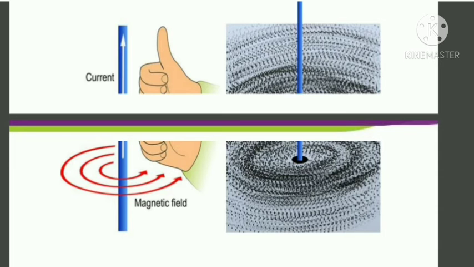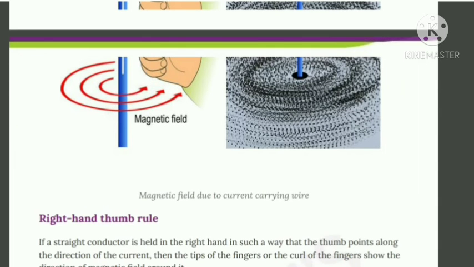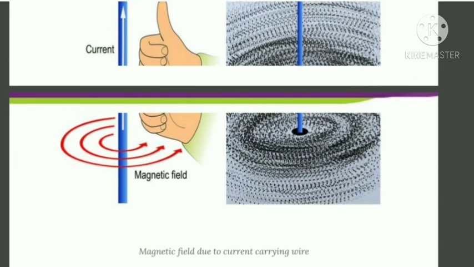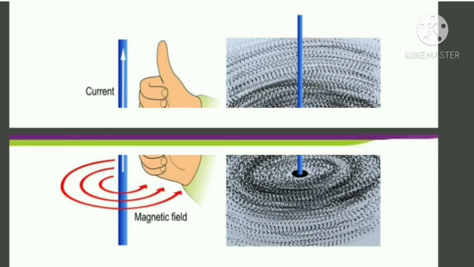Now if we take our right hand and hold the conductor or wire in such a way that the thumb shows the direction of the flow of electric current, then the curled fingers will show the direction of the magnetic field produced.